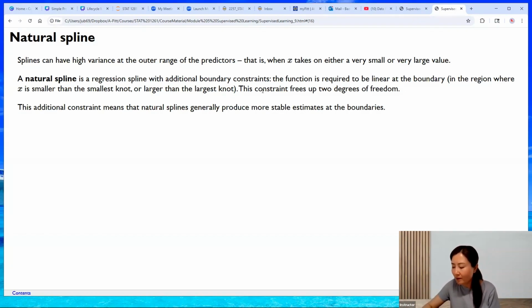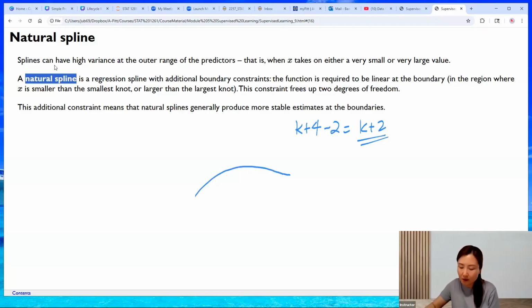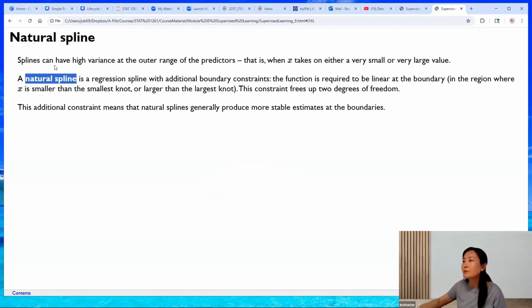So for example, for the cubic spline, originally we have k plus 4 degrees of freedom, then minus 2, we have k plus 2. Right? If we do so, the regression spline is called a natural spline. In the middle area, we have polynomial terms, and in the boundary area, we have straight lines, which makes sense, right? So this is called a natural spline.